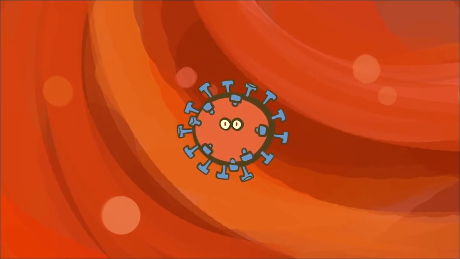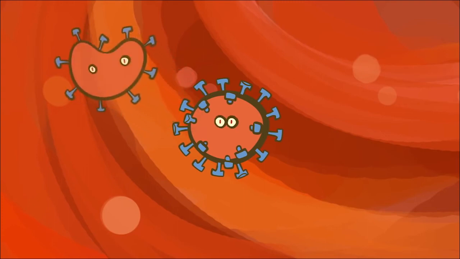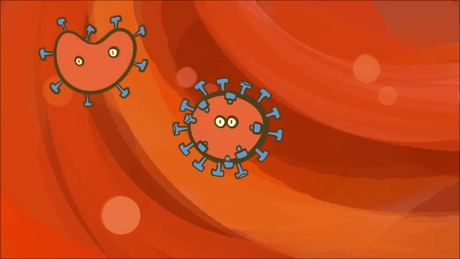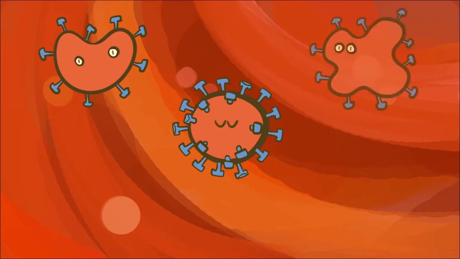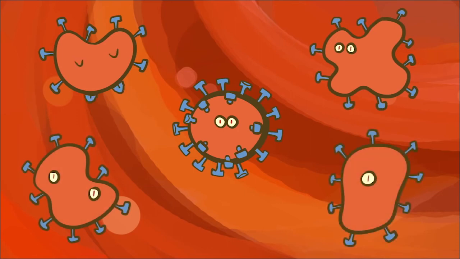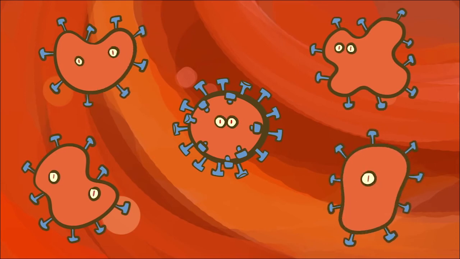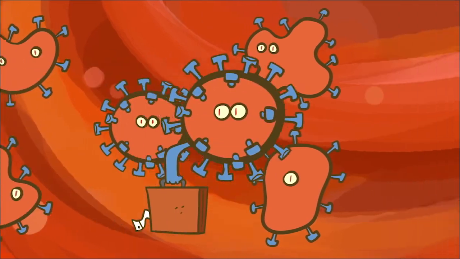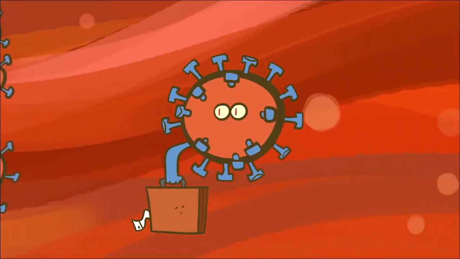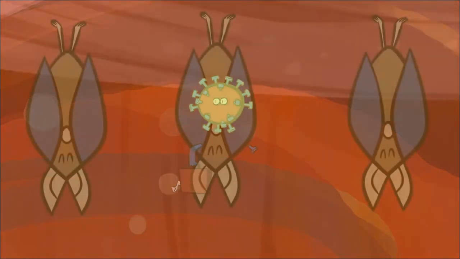So, when an RNA virus replicates, it's much more likely to have mistakes called mutations. Many of these mutations are useless or even harmful, but some make the virus better suited for certain environments, like a new host species.